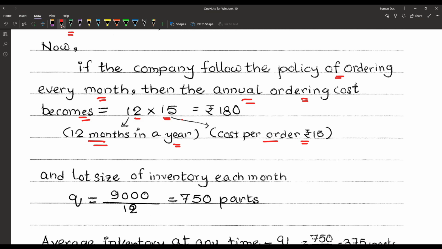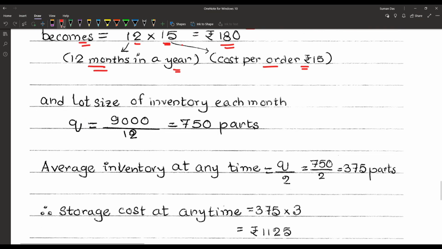So the annual ordering cost becomes rupees 180. And the lot size of inventory per month, that is Q, is 9000 upon 12, or 750 parts.